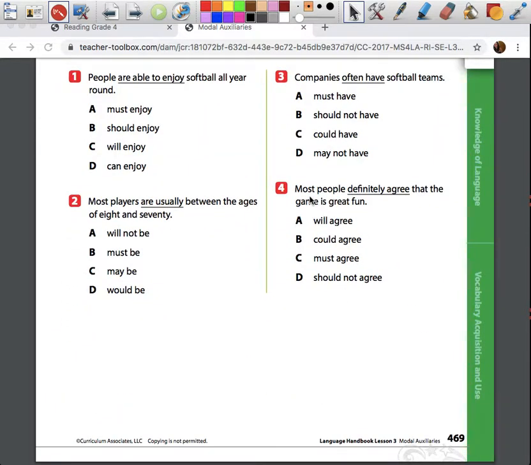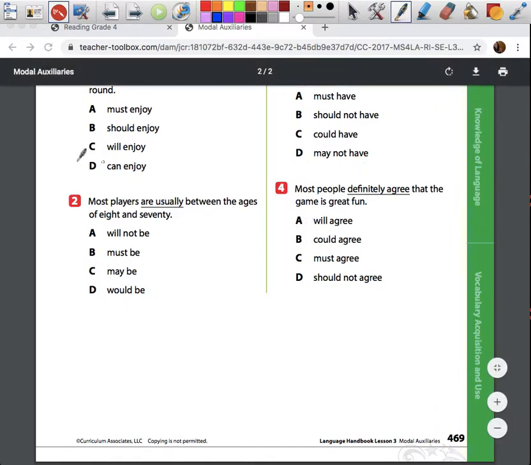Okay, so let's look at those two. Most people will agree that the game is great fun. Makes sense, right? Okay, so let's look at our other option. We said must. Most people must agree that the game is great fun. Well, that kind of sounds like you have to do something. Do you have to agree that it's great fun? No. So, I think our choice would be they will agree.